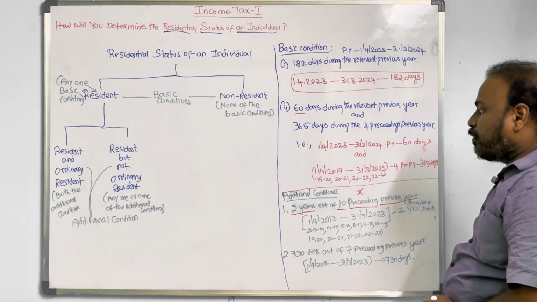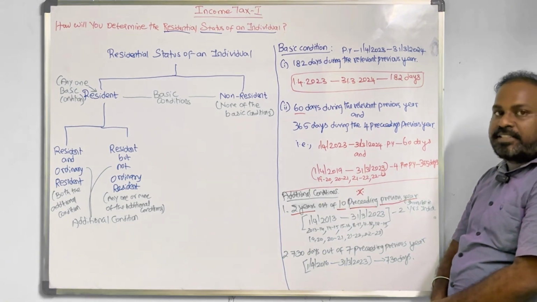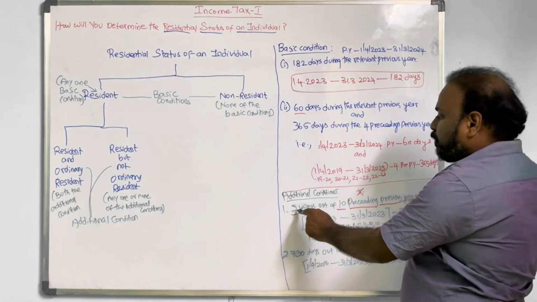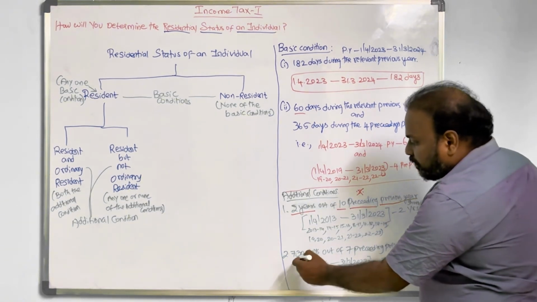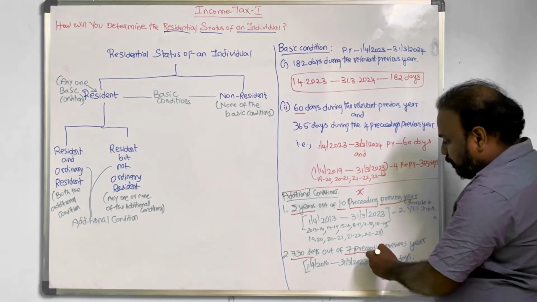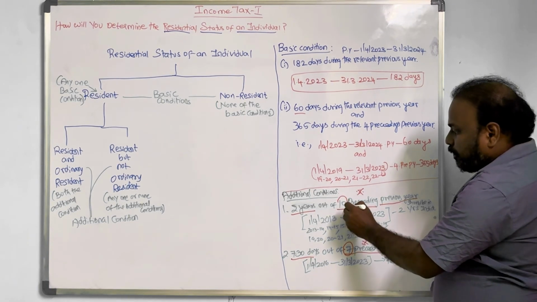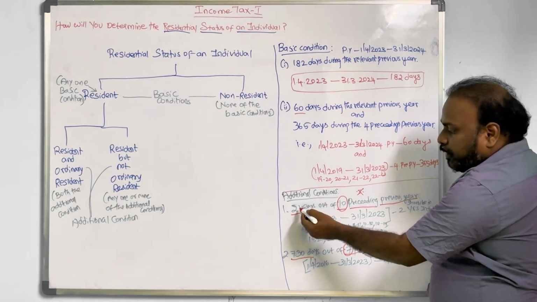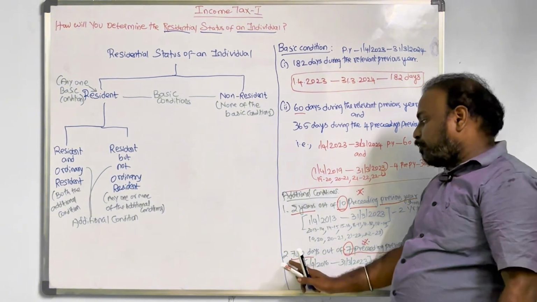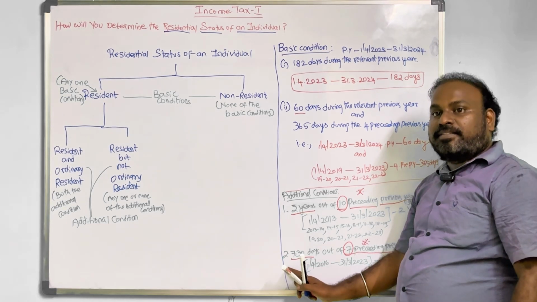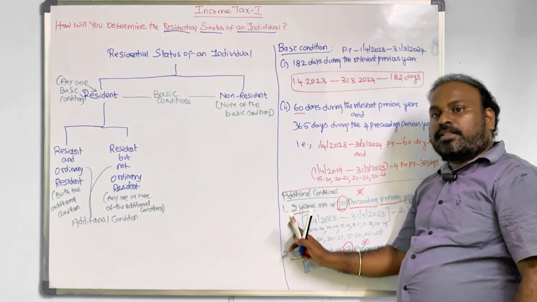Now you have to know the difference between additional condition 1 and additional condition 2. Additional condition 1 is 2 years out of 10 preceding previous years. Additional condition 2 is 730 days out of 7 preceding previous years. Here 7 is very important, and there 10 is very important. Then 2 years and 730 days look the same, but the provisions are different. In the first, if a person is in India for more than 182 days in a particular year, it is counted as a year, but in the second, all days in India are counted.